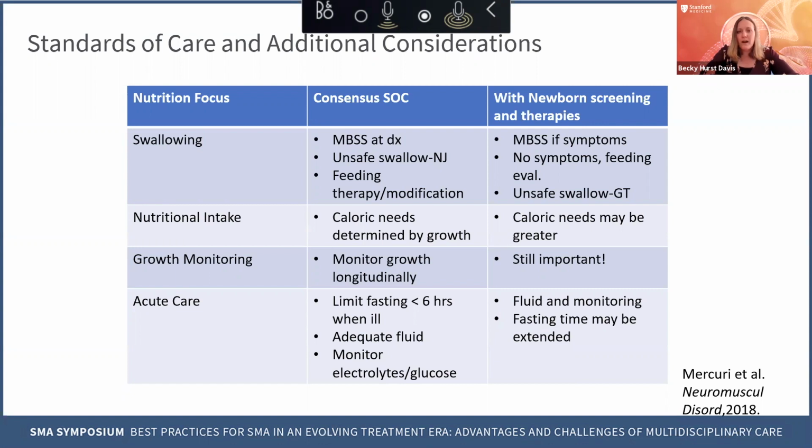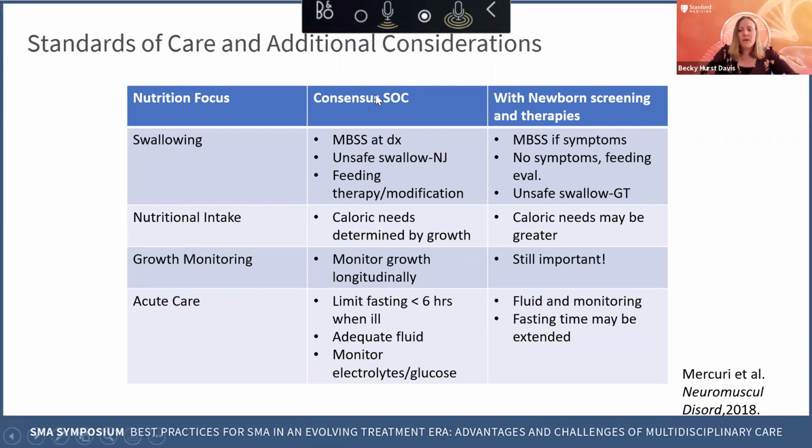Also, standard of care at that time, if you did have somebody who could safely swallow, was that we most often needed some feeding therapy and some modifications, not only with the nipple, but maybe some changing of consistency of the formula or milk.